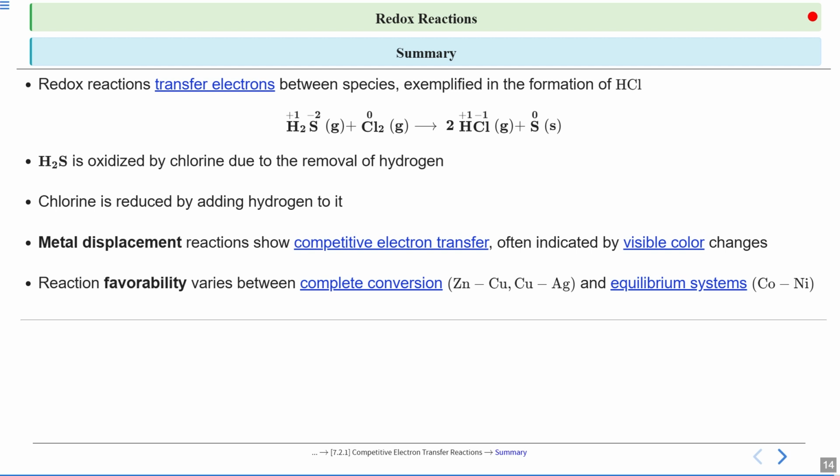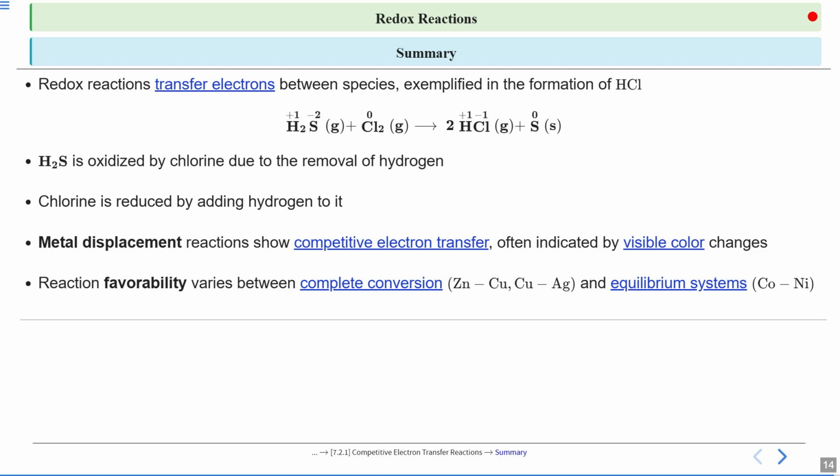So by the favorability of the reaction, what can we understand? It means how much it favors the product formation. This can vary significantly between different systems, like zinc-copper-silver, and mainly cobalt-nickel.